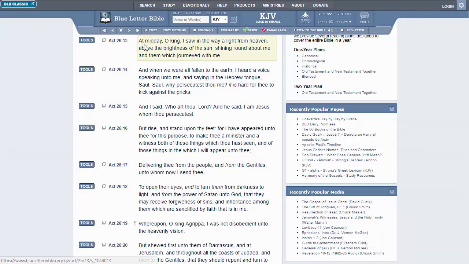Acts 26 and 13: At midday, O King, I saw in the way a light from heaven, above the brightness of the sun, shining round about me and them which journeyed with me. This is Paul giving an account of what happened to him on his way to persecute the Israelites that were teaching about Yahushai. It says, and when we were all fallen to the earth, I heard a voice speaking unto me and saying in the Hebrew tongue.